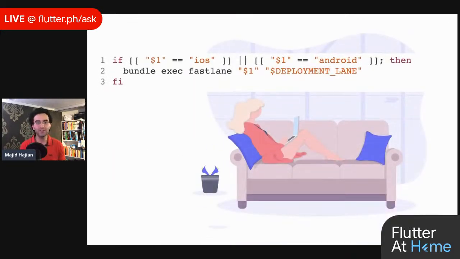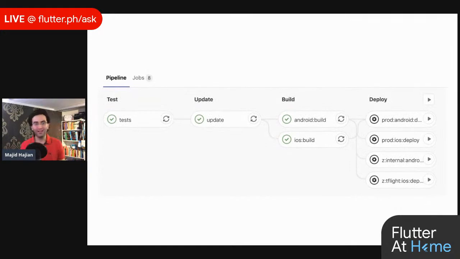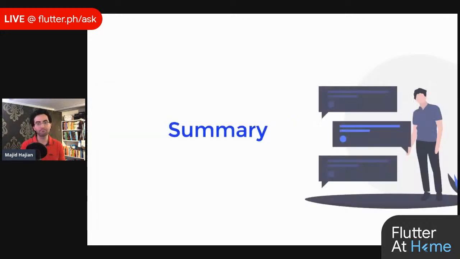So you completely automated everything under your control. And if you have tools to show you how the flow looks, you can simply go through test or do some updates or build for iOS, Android, and then deploy based on your branch to anywhere that you like.